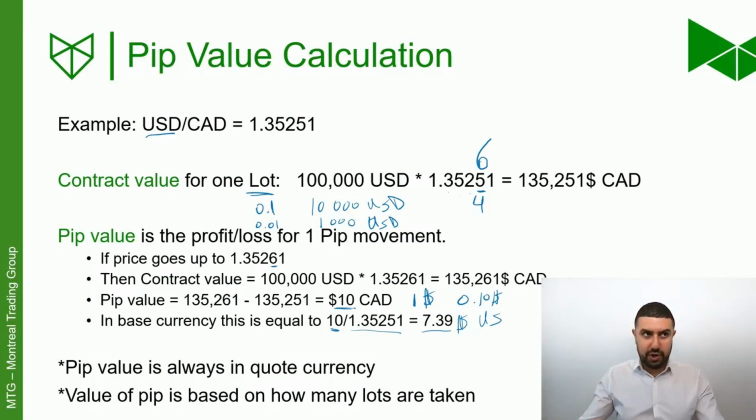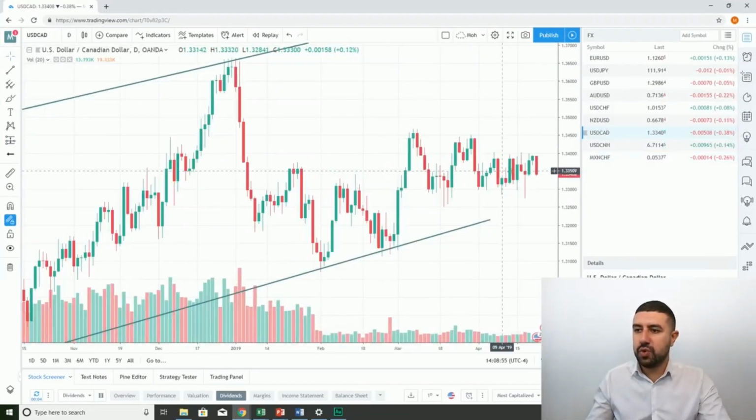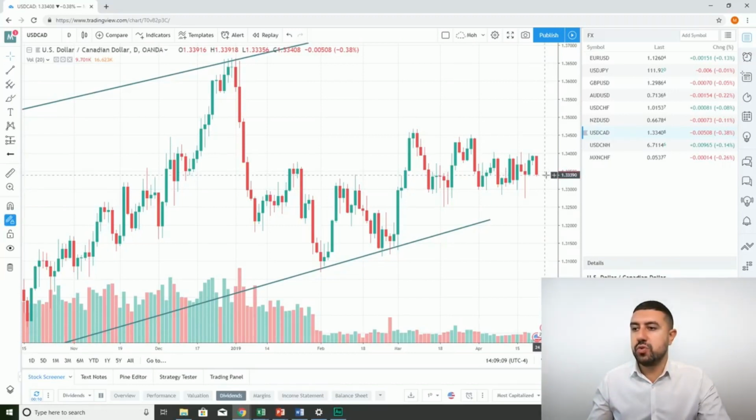So that way, when you're looking at prices, and I'm going to pull something up here, let's say you're looking at USD CAD, and again, we'll look over charting soon. You'll know that, okay, look, if I'm doing 1 lot, I'm making $10 per pip. You know that if the price goes from where it's at now, 1.33408, and it goes to, I don't know, let's say 1.33628, you can calculate that the difference between those two prices is 22 pips.